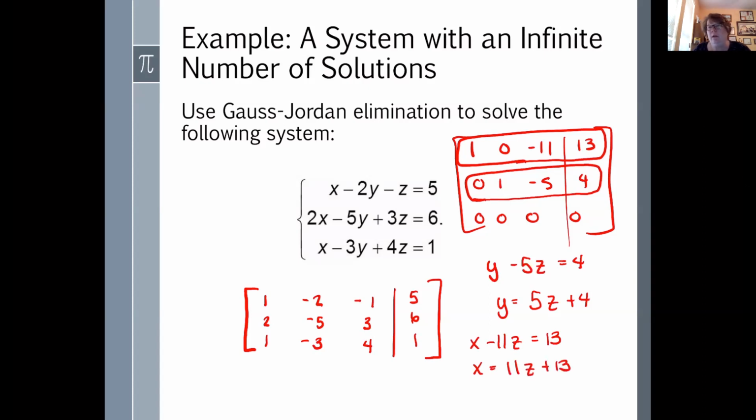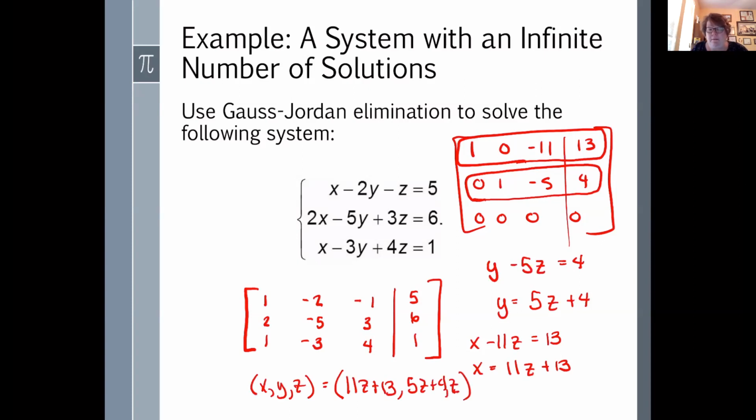So I've written x and y in terms of z. Now how do I write the ordered triple, which is a solution to this system of equations? I'm going to write the ordered triple x, y, z. x is 11z plus 13, y is 5z plus 4, and z is z.